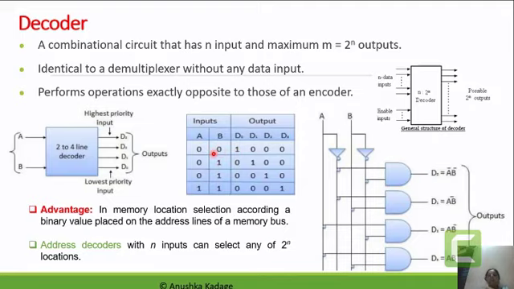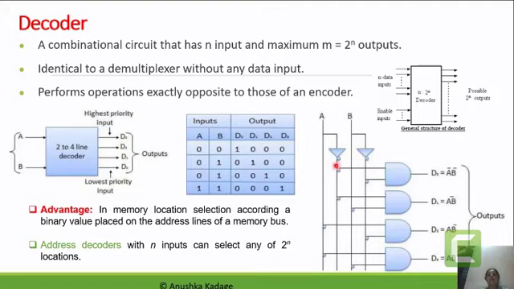To take the input combination, the input variable is present either in uncomplemented form or in complemented form, and the complemented form of an input is obtained using a NOT gate.